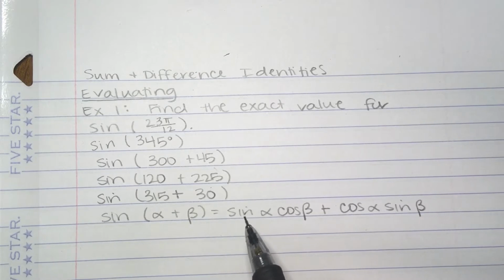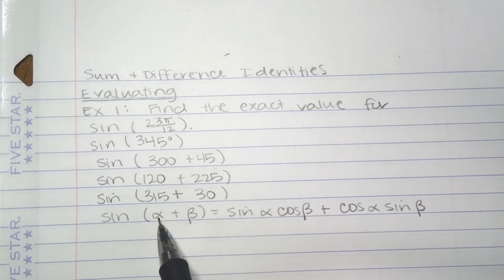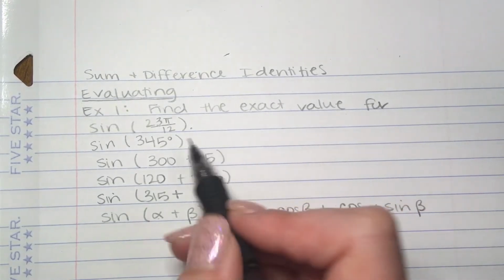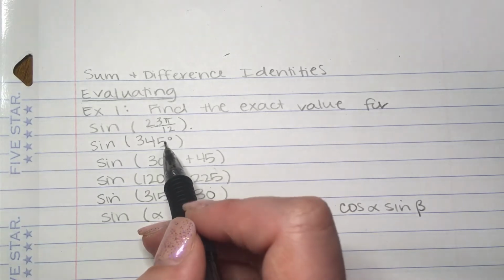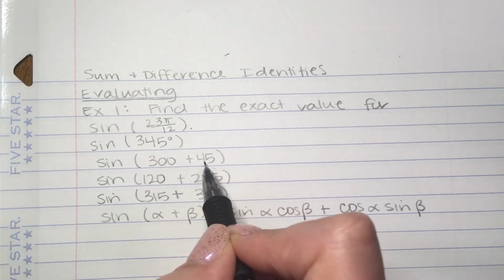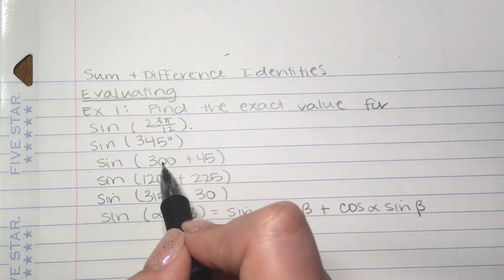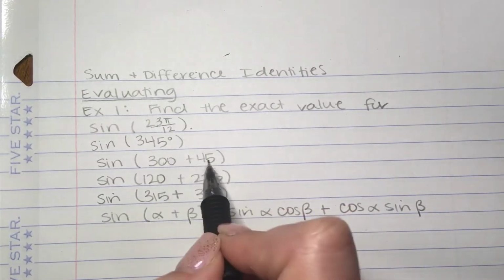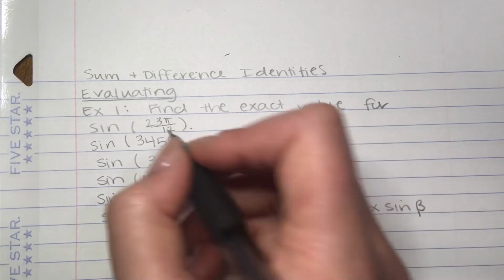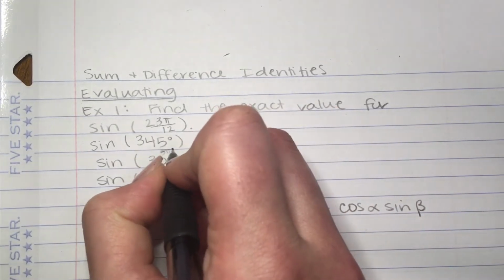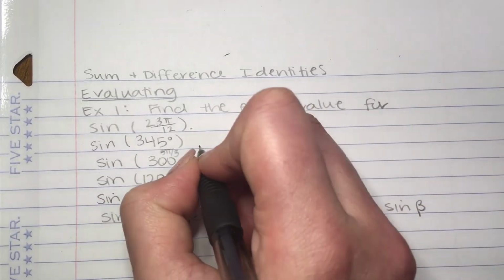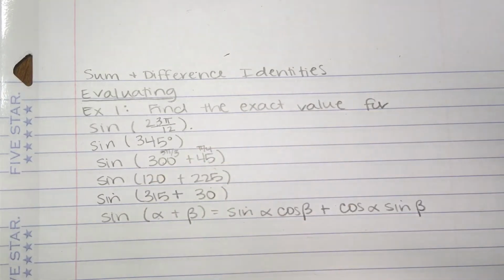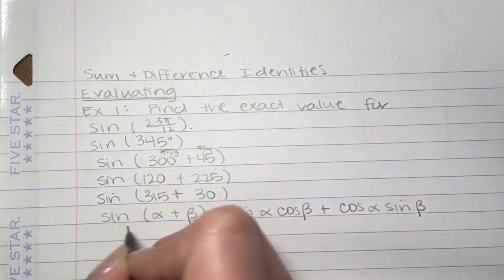And what I have to do is choose what my alpha is going to be and what my beta is going to be. So if I was doing 345 by 300 plus 45, this is the 5 pi thirds, and this would be pi fourths. And if we add those together, we're going to get 23 twelfths. So I'm going to go ahead and write this in radians, just because my assumption is we're a little bit more used to finding radian measurements on the unit circle now.